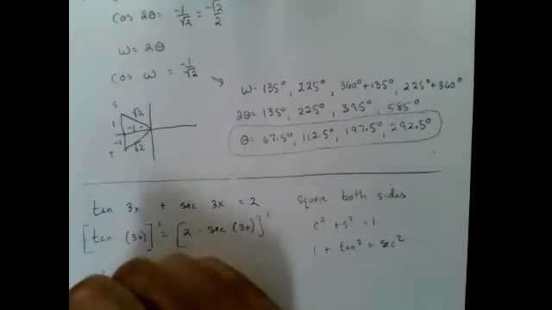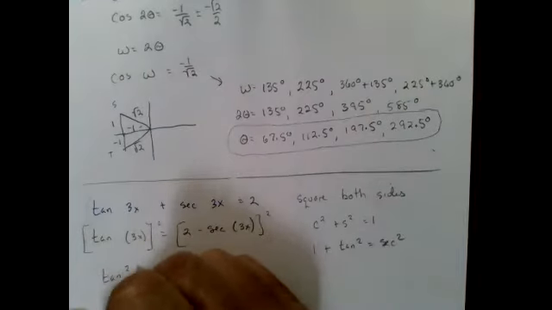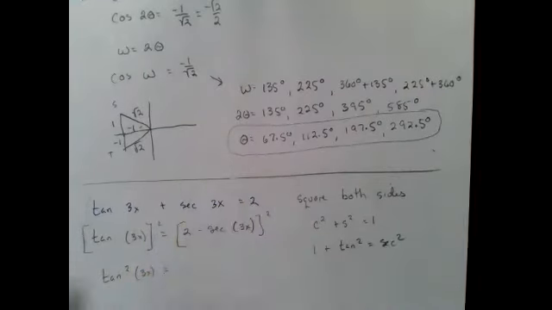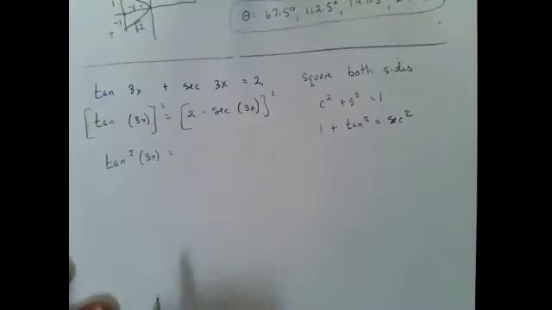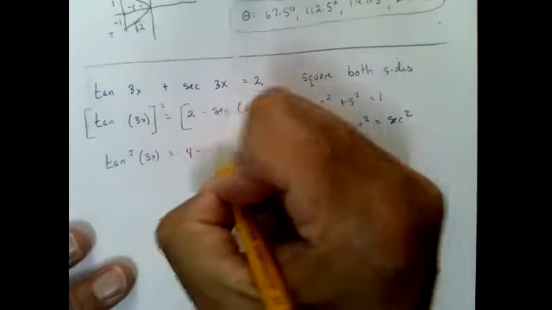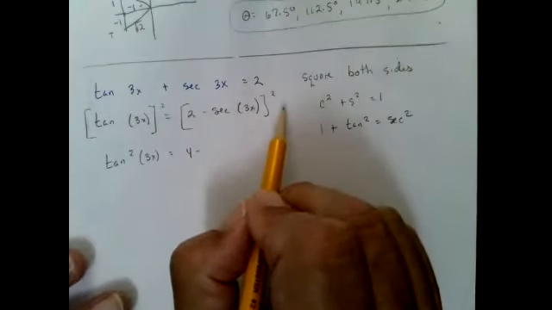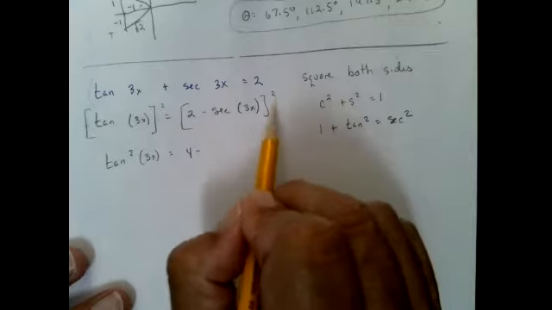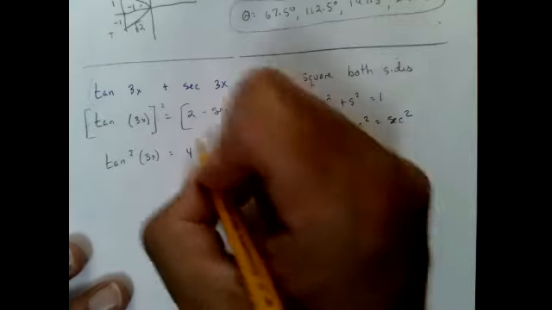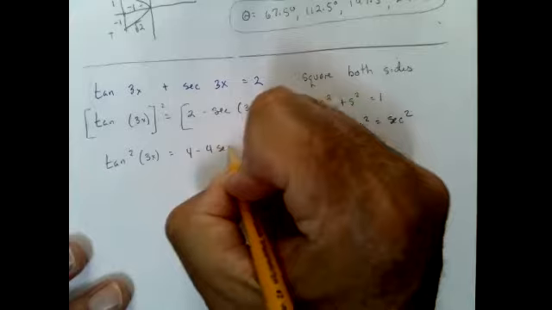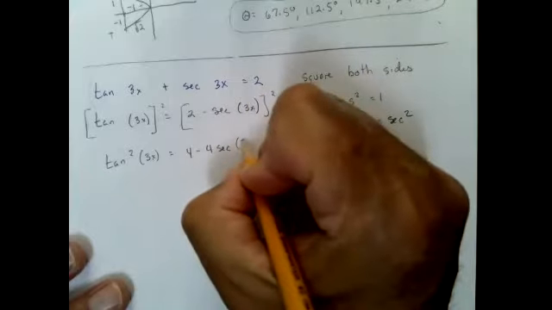This guy's nice. Tangent squared of 3x equals 4 minus, again, I'm writing this as a binomial. This goes back to algebra. You know, you should have practiced and practiced. 4 minus 4 secant of 3x.